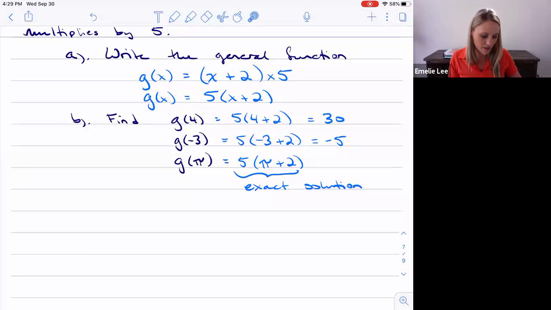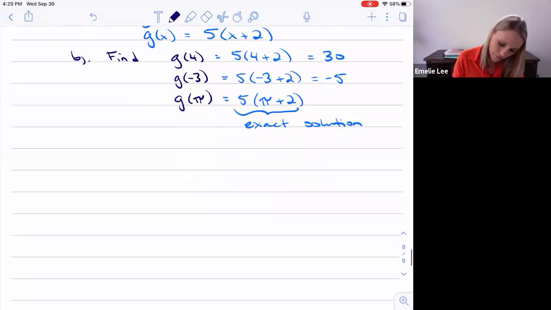Okay, so there's this thing called the difference quotient, which we use in calculus a lot, but it's just a good exercise in working with functions.